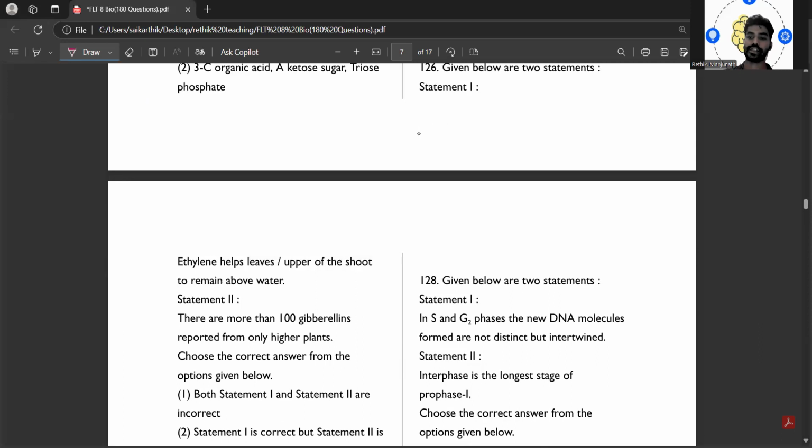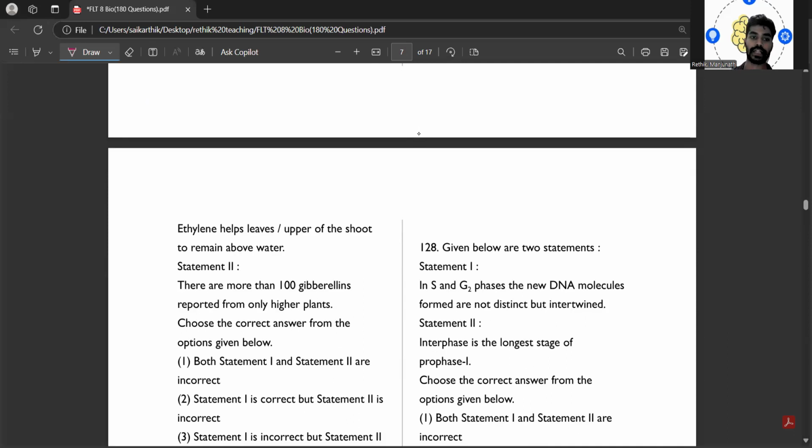So what does 126 say here? Given below are two statements. Statement one says that ethylene helps leaf and upper part of the shoot to remain above water. Statement two says that there are more than 100 gibberellins reported from only higher plants. So I need to choose one out of this.